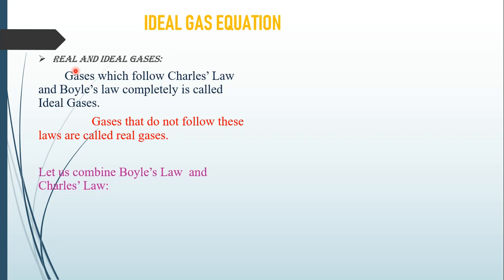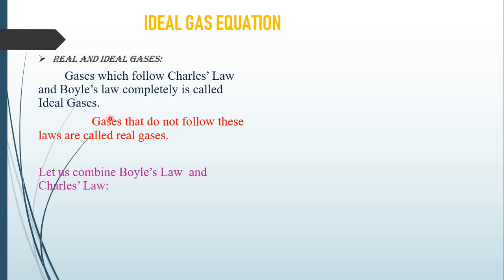Since volume varies inversely as pressure and directly as temperature when certain constants are kept, in the case of Charles law and Boyle's law, to obtain the ideal gas equation we'll combine them, because both laws need to be followed.